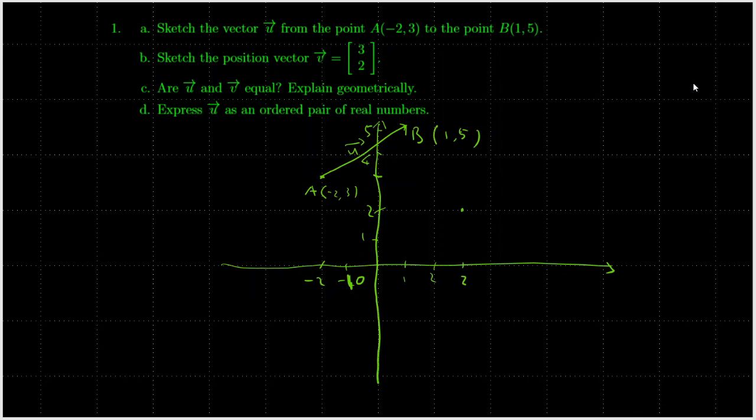Let's recall the definition. A position vector is a vector with the origin as its initial point. That is the vector v I wanted you to sketch. Just label the vector v in here.